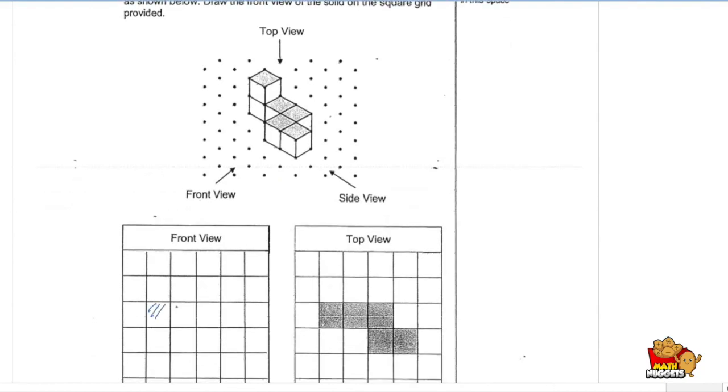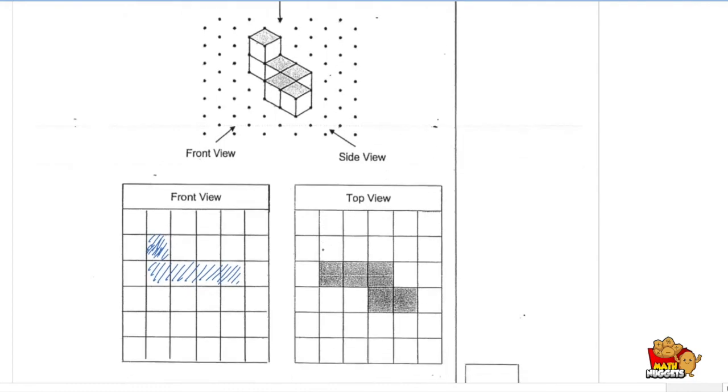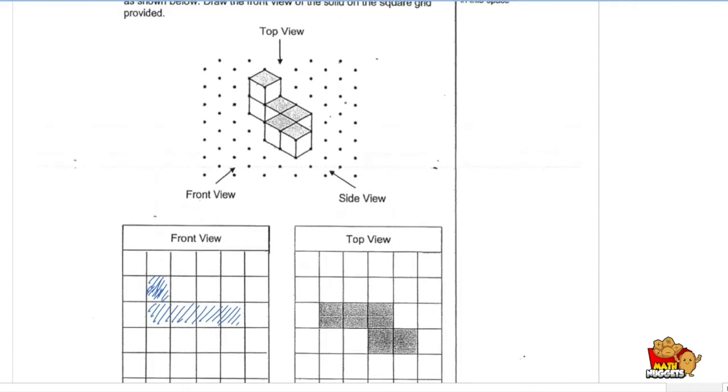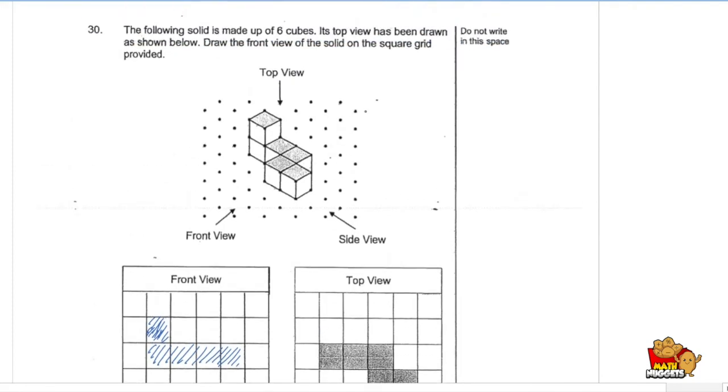So 1, 2, 3, 4 across, and there's one sticking out on the left. So we'll draw the front view.